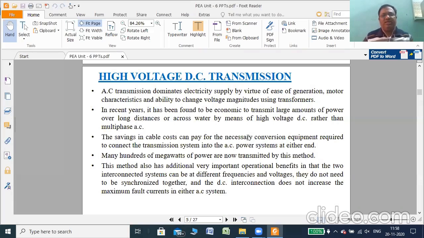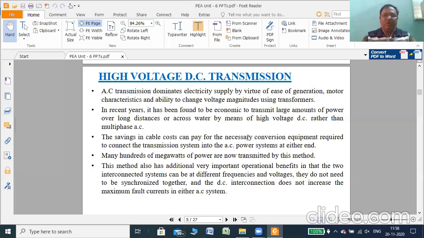AC transmission dominates electricity supply by virtue of ease of generation, motor characteristics, and the ability to change voltage magnitude using a transformer. In recent years, it has been found economic to transmit large amounts of power over a long distance or across water by means of high voltage DC rather than multi-phase AC.